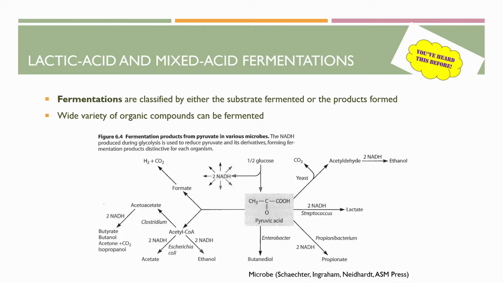First thing I think of is anaerobic fermentation, which is fermentation by microbes that are anaerobes and don't require oxygen. And then there's aerobic fermentation, so microbes that do require oxygen. But there are very wide different types of compounds that can be fermented, and the different fermentation products are dependent on the microbe.